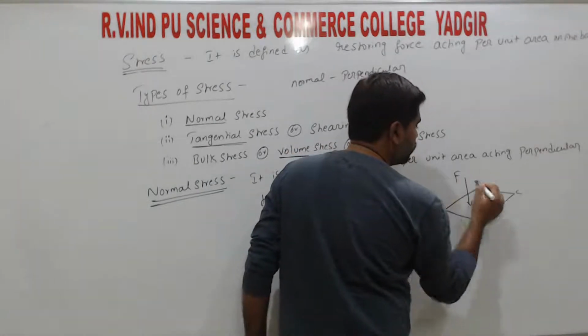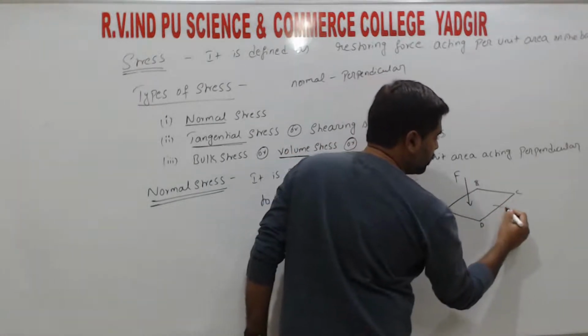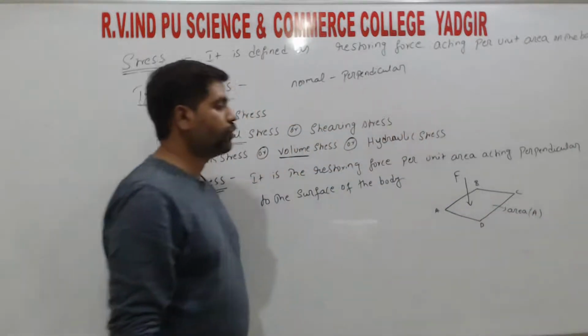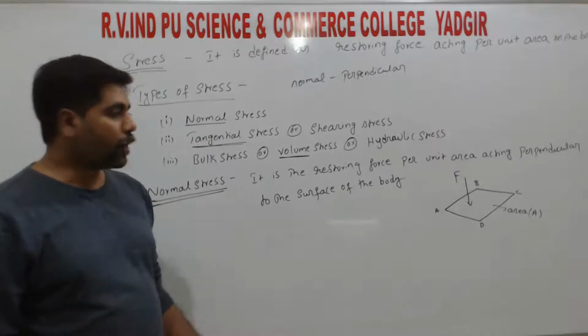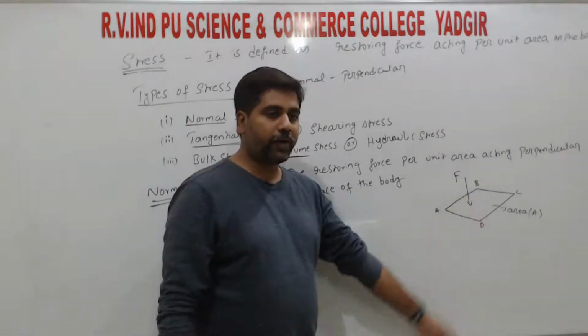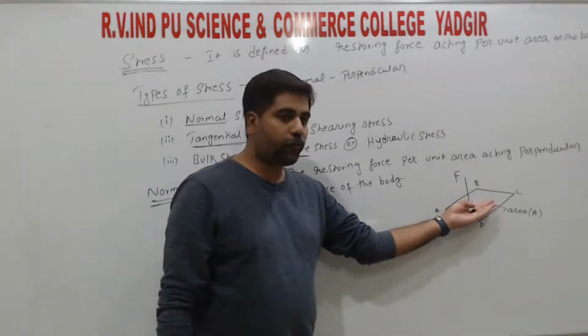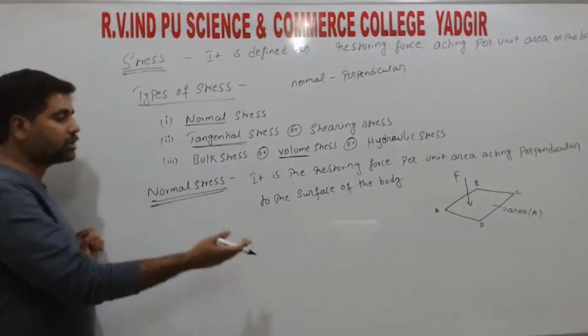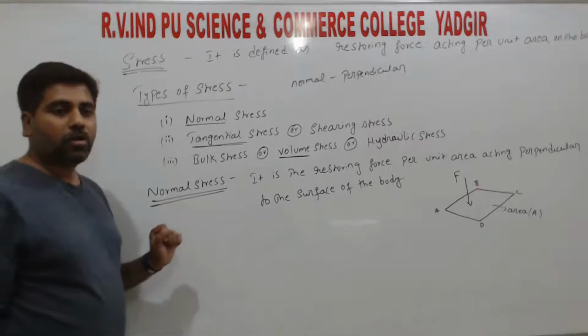So this is the force and ABCD, this is the area A, right? The force which is perpendicular to this surface. However much force acts perpendicularly, we call that the normal stress.